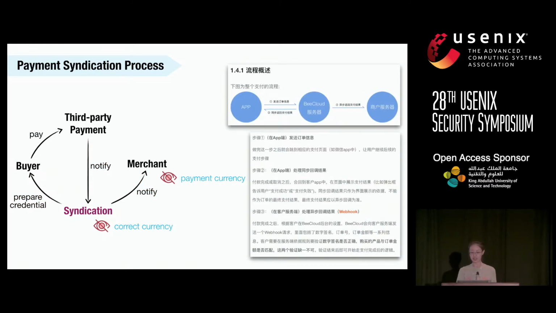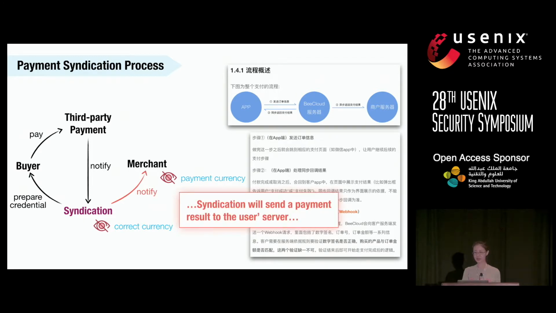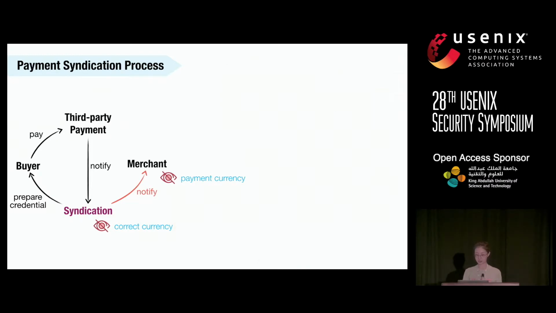For example, in the screenshots from a real-world syndication's development documentation, it uses a diagram and text description to describe each transition in a syndication's payment process. Here's a sentence: the syndication will send a payment result to a user server. It exactly describes the notification transition from a syndication to a merchant, as highlighted in the left figure.